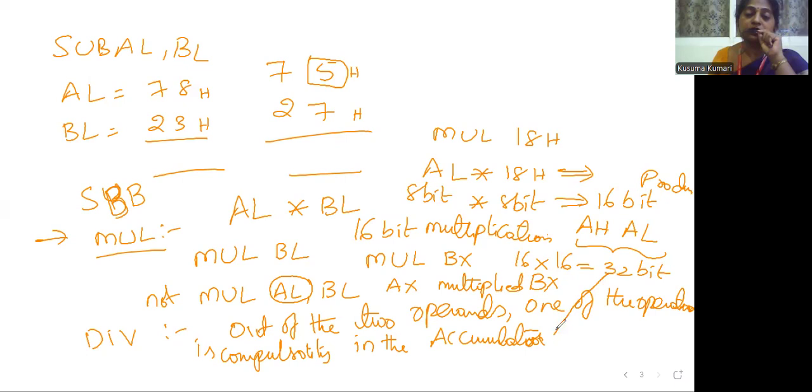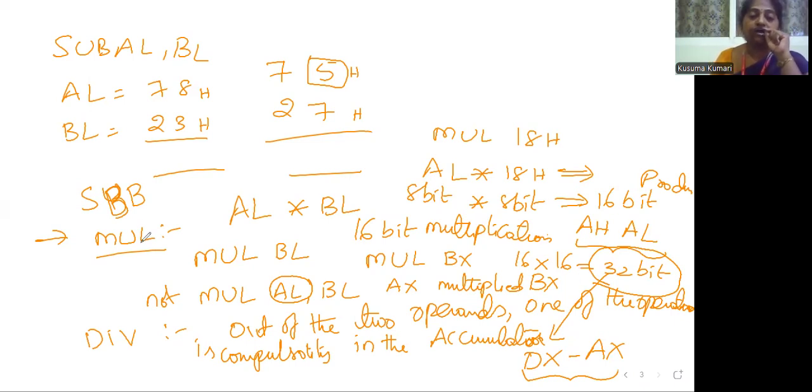This 32-bit result is stored in two 16-bit registers: the lower 16 bits are available in the AX register, and the higher-order 16 bits are available in the DX register. So the DX AX register pair is used to store the 32-bit product. This is about the multiplication.